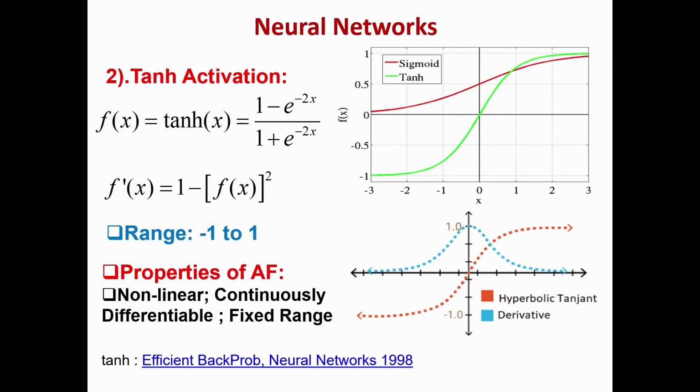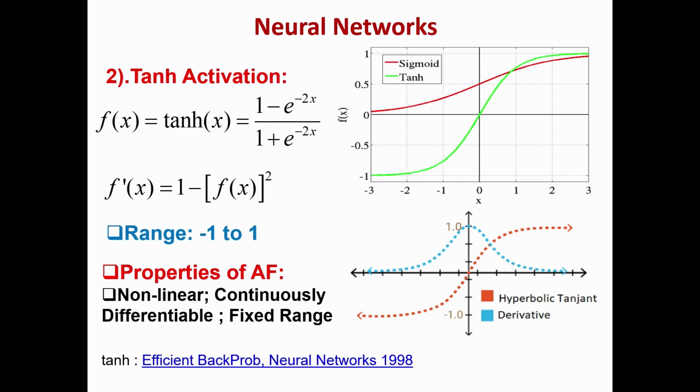So the value will not always be positive. If you give some negative value, the output will be close to minus 1. So you have a bigger bandwidth: instead of feature values from 0 to 1, the feature values of this node will be from minus 1 to plus 1, so your bandwidth has been increased.